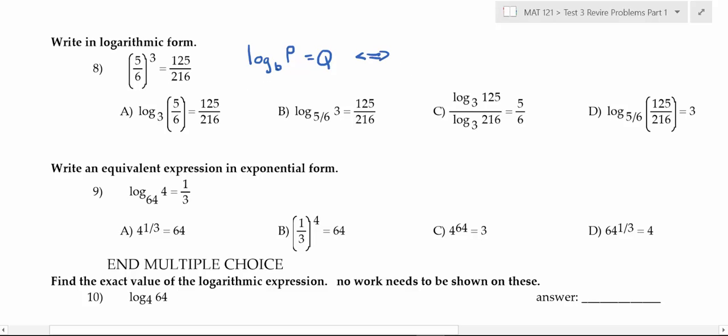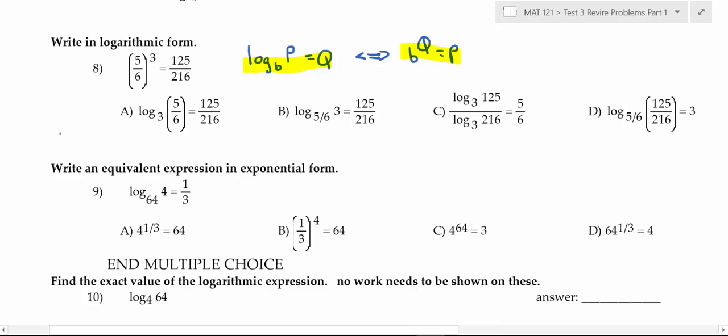The exponential form is b to the q is equal to p. So one of the things you want to know how to do is how to convert a logarithmic form to an exponential form. If you don't know how to do that, you'll struggle mightily on this exam. So you want to be sure you know how to do that.